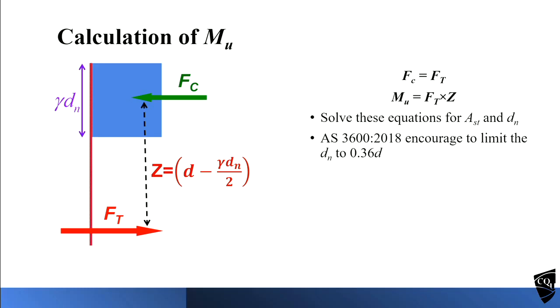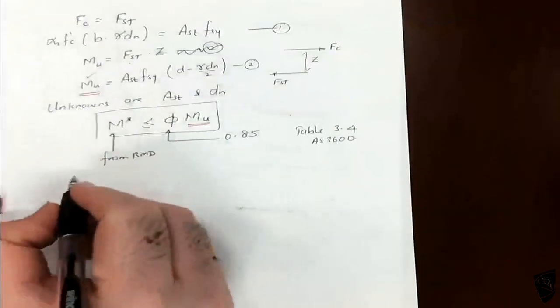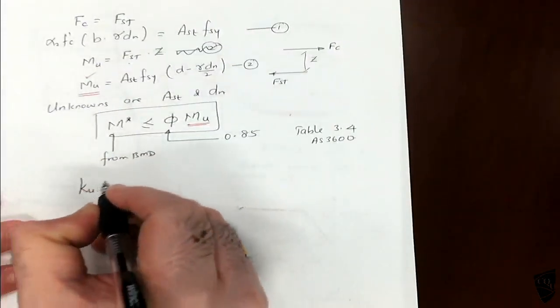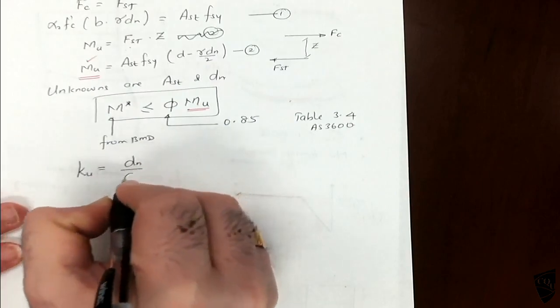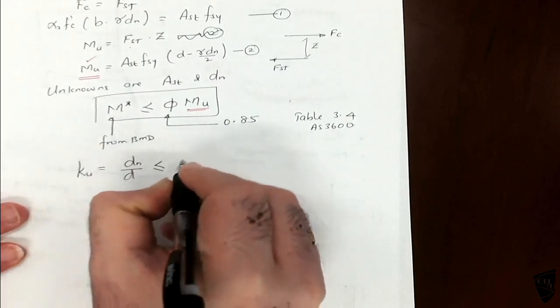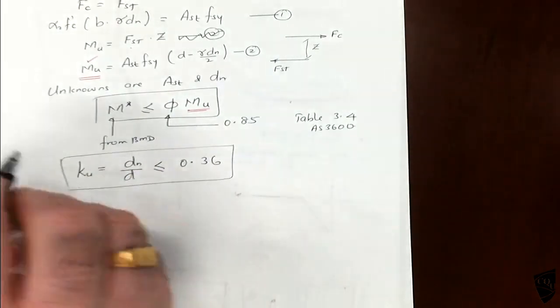You need to check the dn value, whether dn is less than 0.36 d. In the books they say Ku, dn upon d, should be less than 0.36.